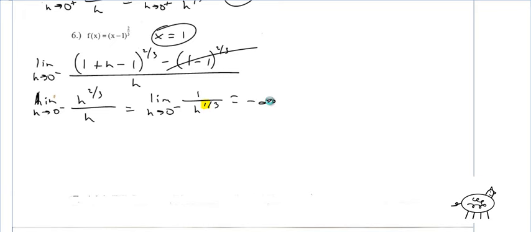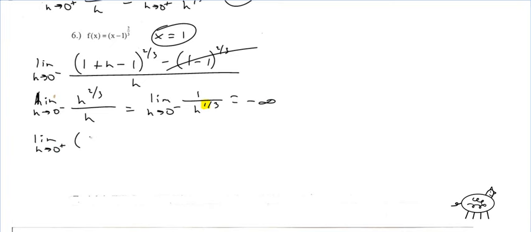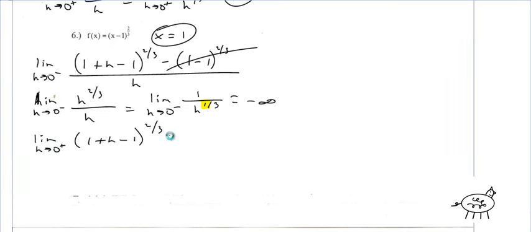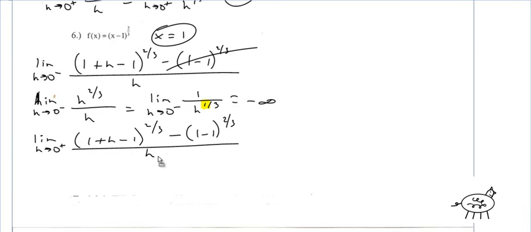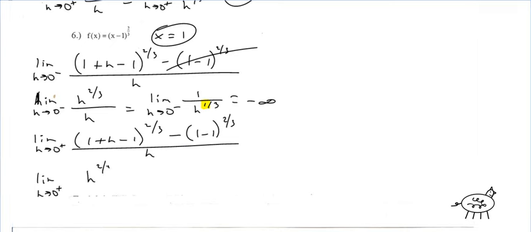Okay? And if I do the same thing, limit as h approaches 0 from the positive side, I'm going to do 1 plus h minus 1 to the 2/3 power, and then it's minus 1 minus 1 to the 2/3 power all over h. So again, all this stuff cancels out, and I wind up with the limit as h approaches 0 from the positive side of h to the 2/3 over h.